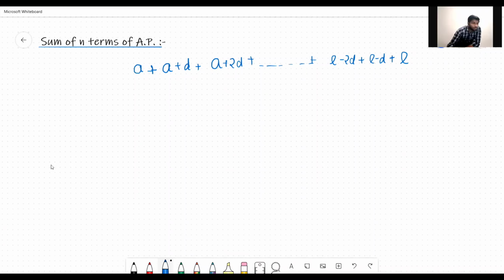We are writing it as S. S is the sum of n terms. There are n terms in this AP.